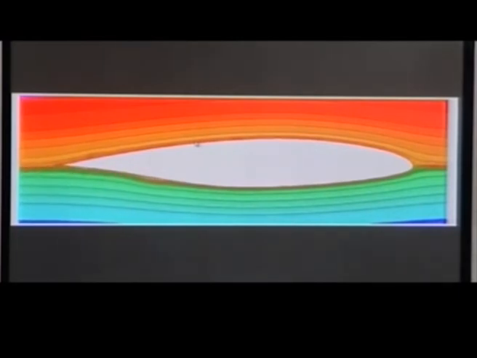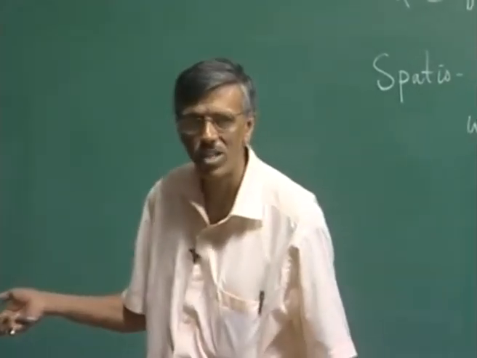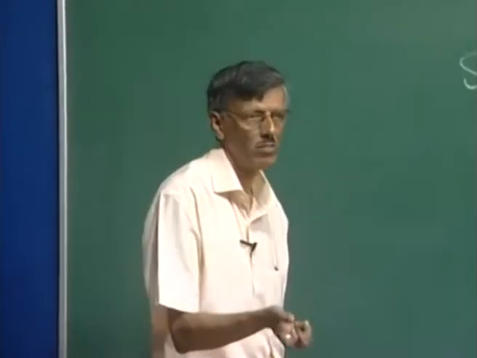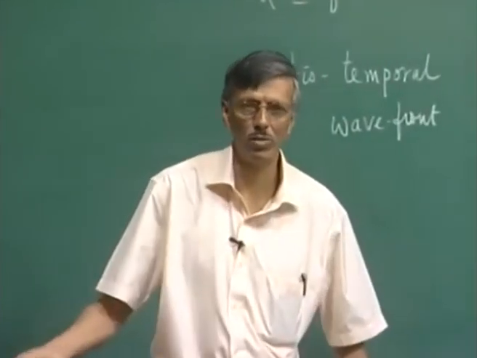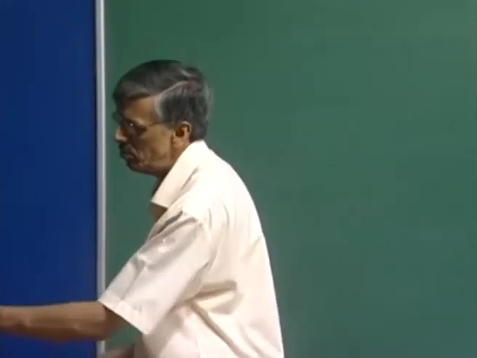You are not seeing any Tollmien-Schlichting wave, and if you calculate the drag of this aerofoil, it is significantly higher than what you get if the flow were completely laminar, right. So, this is another mechanism.